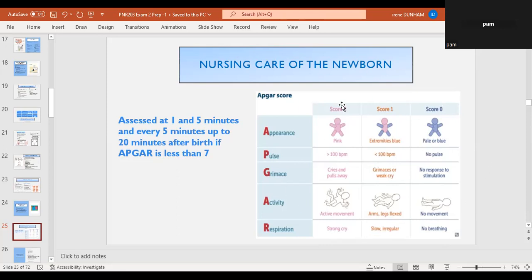Okay, so that's your APGAR. So for the score of 0 on this last baby, you would be doing full resuscitation efforts. Okay, full measure. On the score of 1, he just needs a moderate amount. A little stimulation, maybe slap that foot a little harder, and bring him around.